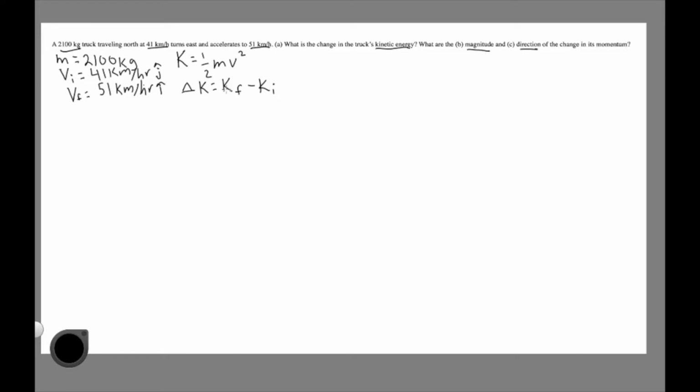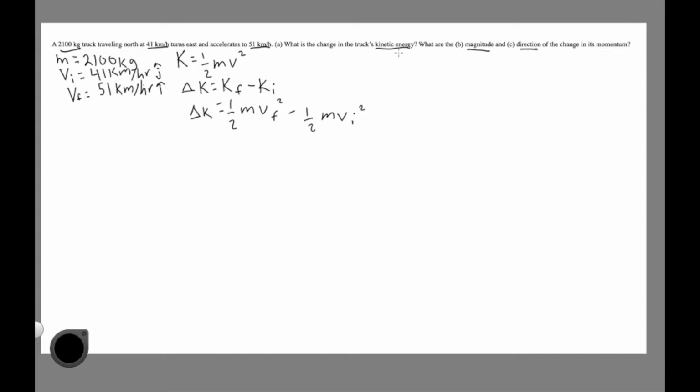So delta K is going to be 1/2 times the object's mass times the final speed squared minus 1/2 times the object's mass times the initial speed squared. Now this is going to be the formula that we're going to be using.